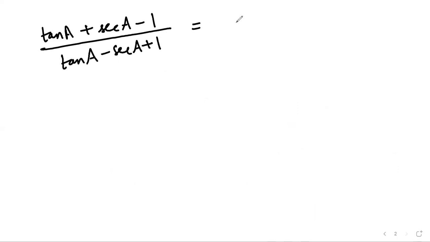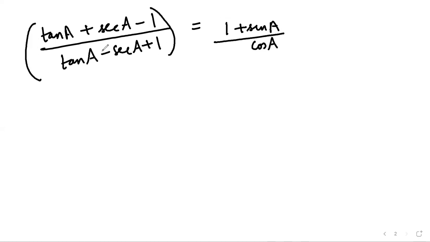That's the LHS, and we need to prove that it is equal to 1 plus sin A upon cos A. Okay. So we have quite a complicated expression on the left-hand side, relatively, and a simpler one on the right-hand side.